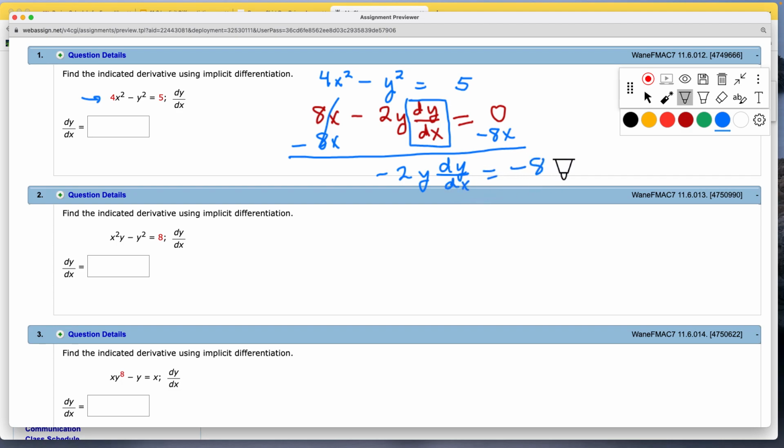equals negative 8x. And then the last step, divide by negative 2y. And again, you start to see we get these fractions. This is 1. We're left with dy dx equals this, and we can simplify it.